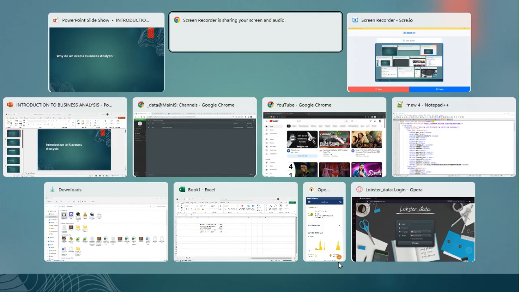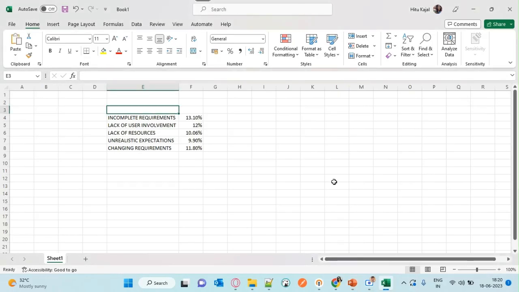To give you a better picture, I will share with you the failure rate of projects in the industry as per the standards we had previously. The requirements were not complete; sometimes stakeholders are not aware of everything they want.